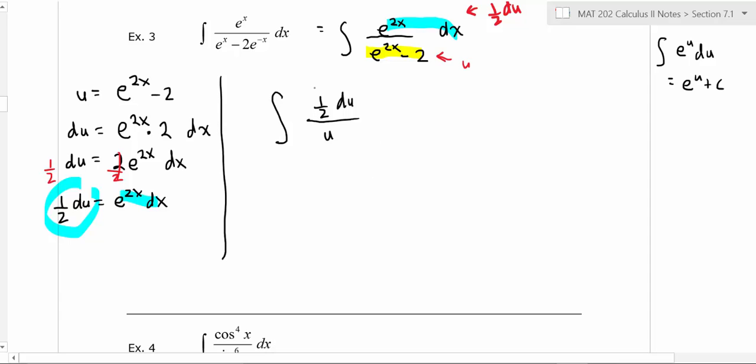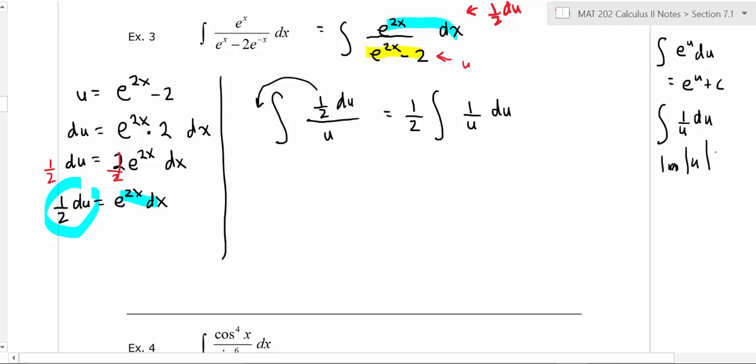That's a real simple integral. I'm going to pull out the 1/2, so I've got 1/2 integral of 1 over u du. We know that the integral of 1 over u du is the natural logarithm of u plus c. So this is going to give 1/2 natural logarithm of u plus c.